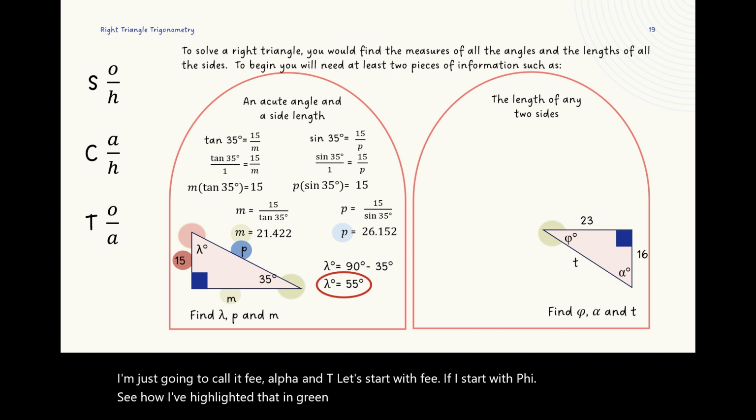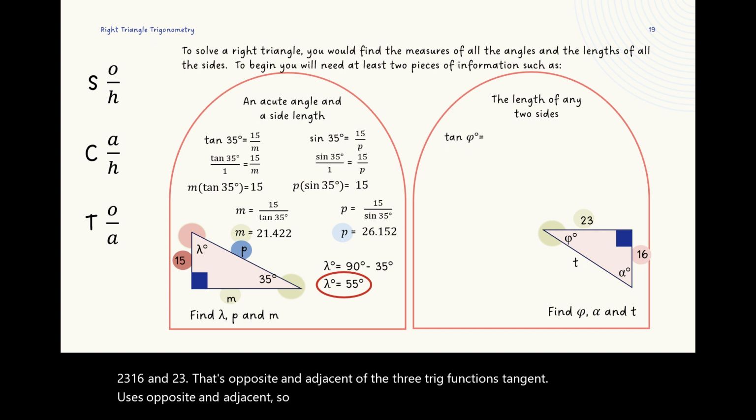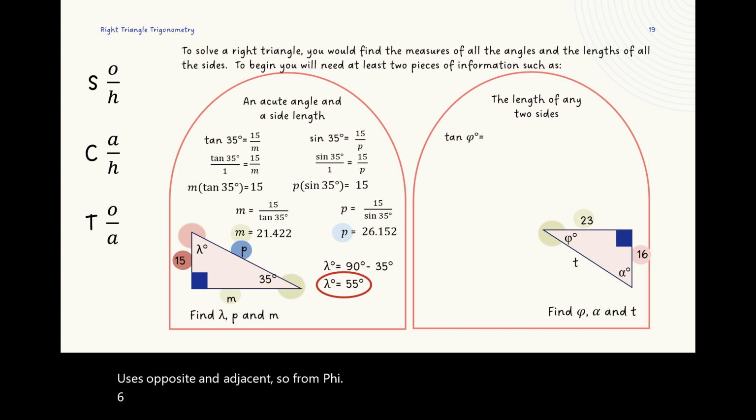Let's start with phi. See how I've highlighted that in green? I look across, I have 16, and adjacent to it, I have 23. That's opposite and adjacent. Of the three trig functions, tangent uses opposite and adjacent. So from phi, 16 over 23 is the tangent.